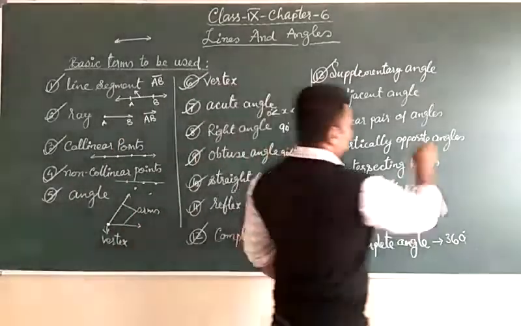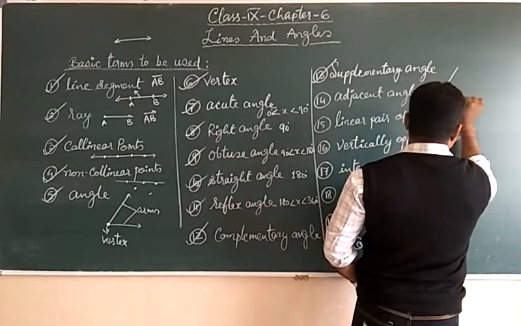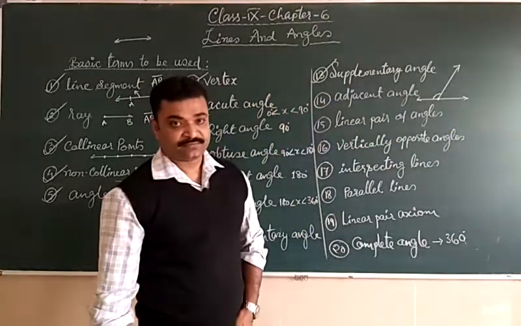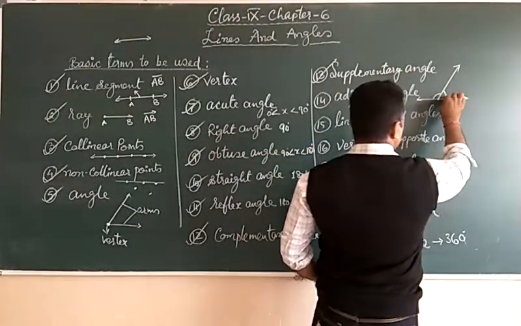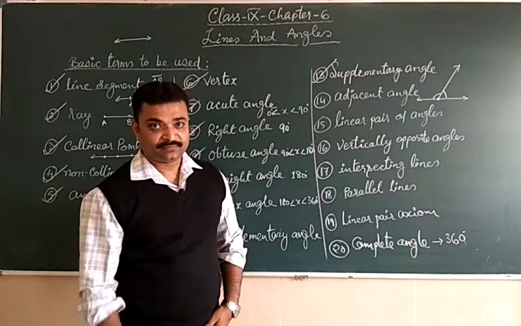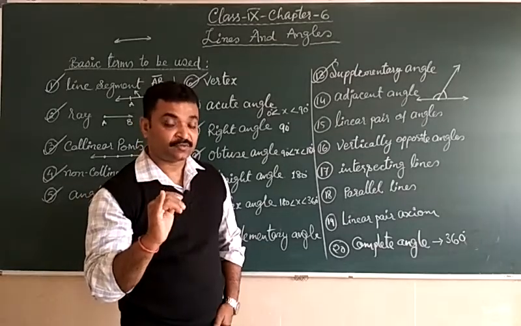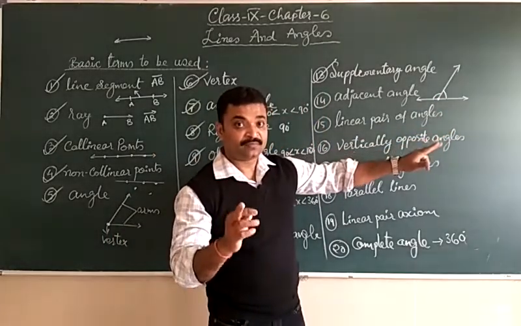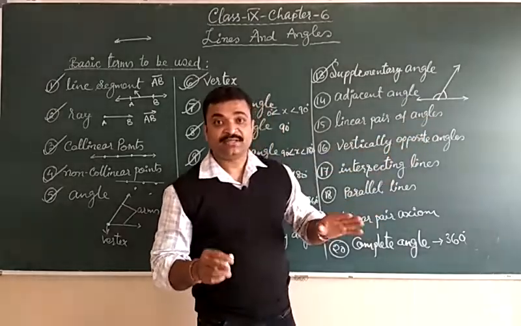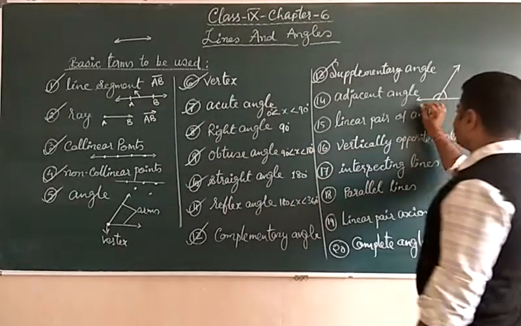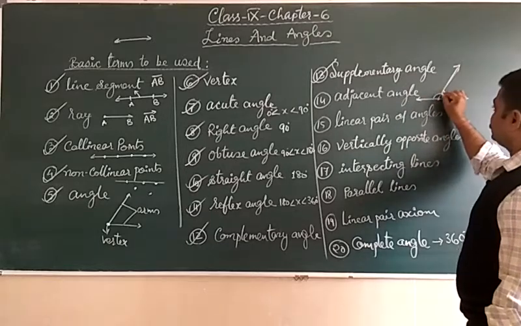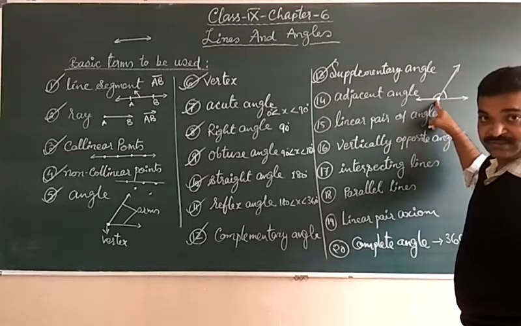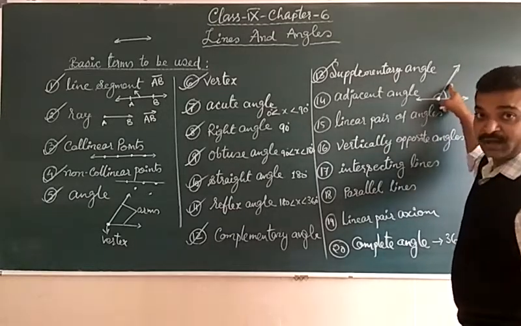Now, what is an adjacent angle? Two angles having the same end point or same vertex and one arm common are said to be adjacent angles. Here, this is an angle and this is an angle. Both angles have a common vertex and this common arm.